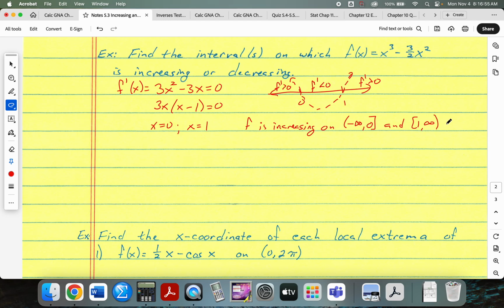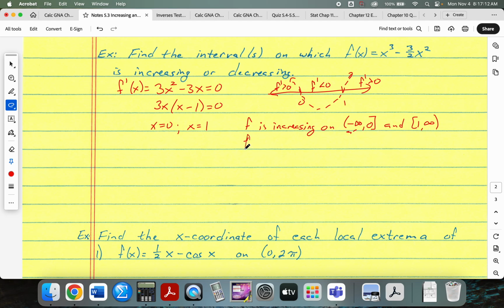And if you were asked to justify, I didn't ask it on this one, you would say because f prime is positive on, and that's open intervals, because it's not positive at 0. All right, so these would be open intervals.